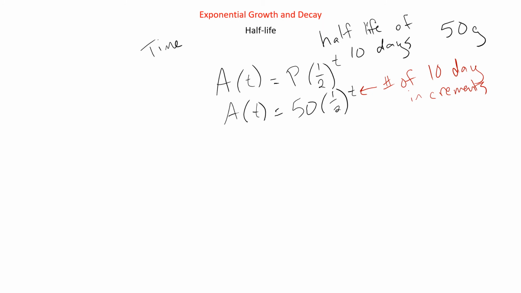And so you could find that if you had to figure out when it's going to be 1, how long until 1 gram is remaining, we can't take logarithms quite yet. So what you would do is you would just graph it. Solve by graphing.